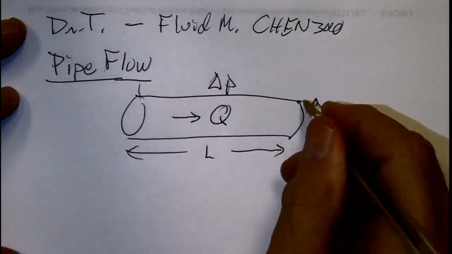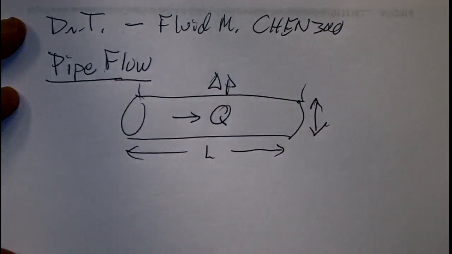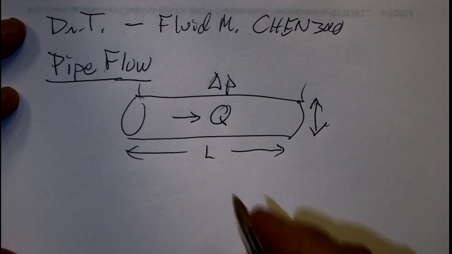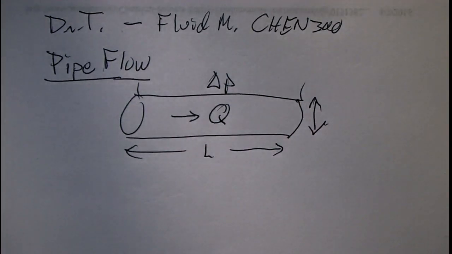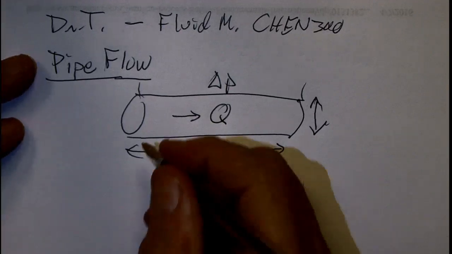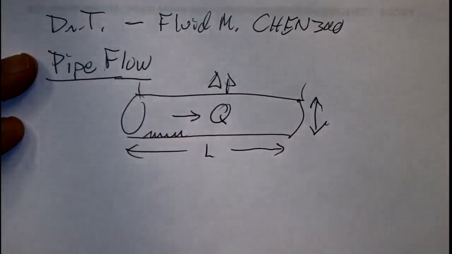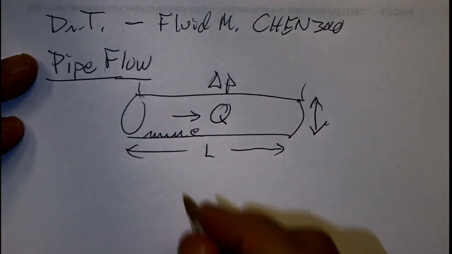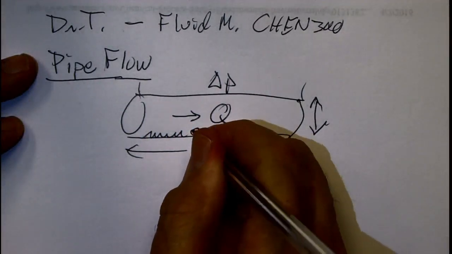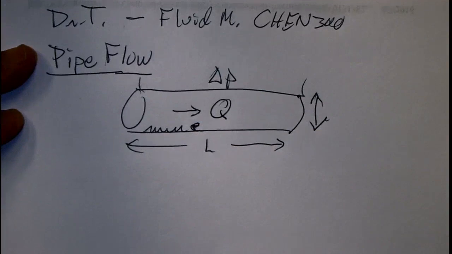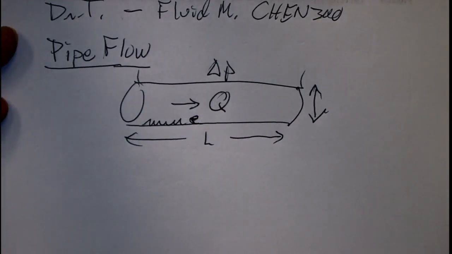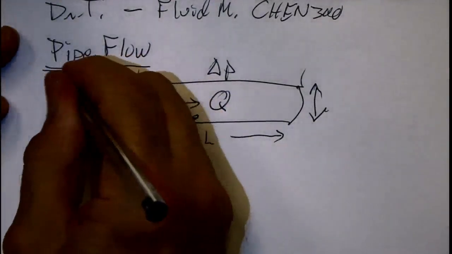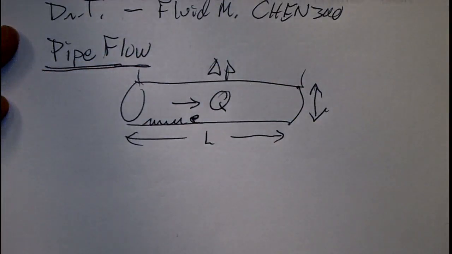Those are the fundamental variables of pipe flow. You can also include roughness of the pipe, say a script E, relative roughness. Our goal is to figure out what's the physics of pipe flow.